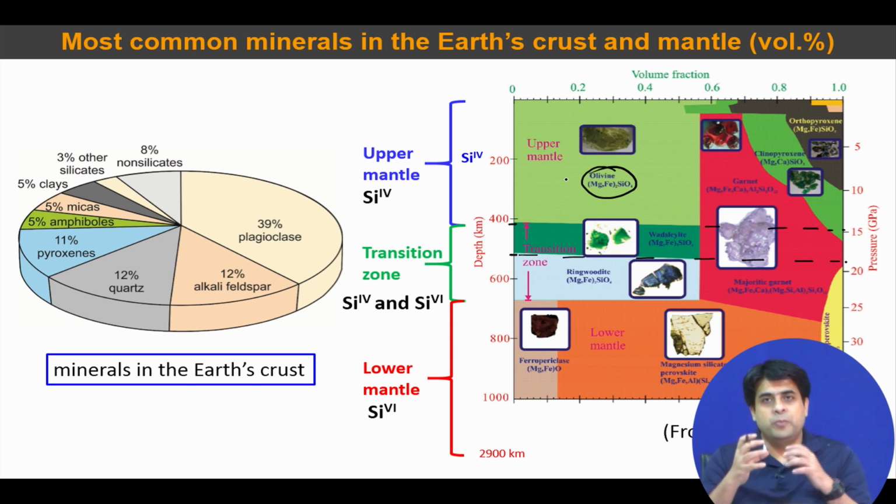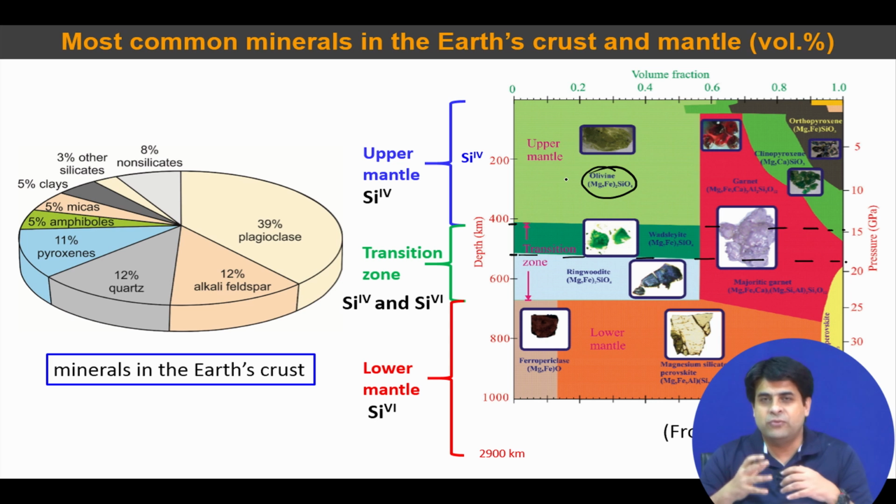So if your mineral or compound has the same formula but changes its structure, we call that particular mineral a polymorph. Polymorph is derived from polymorphism.